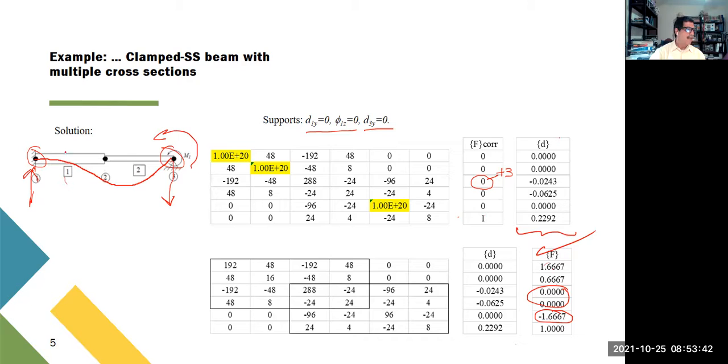Or if you have a moment here, then you will change this value here. Because remember, these are external forces applied on the joints. If you put it downwards, then you will have to change the sign and put the value as negative. Okay, that was the first question.